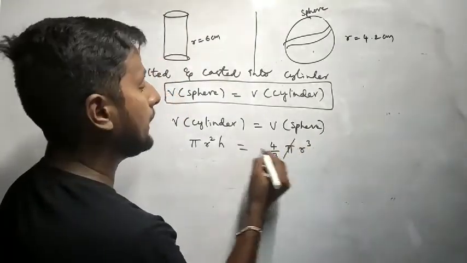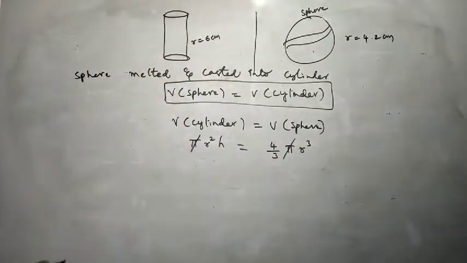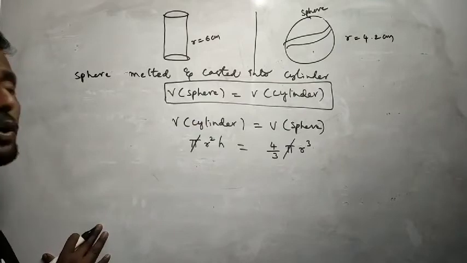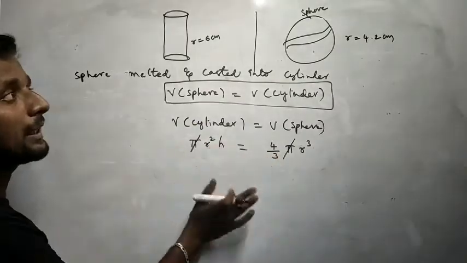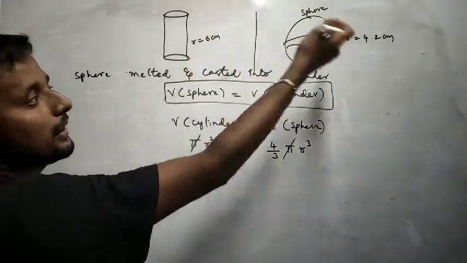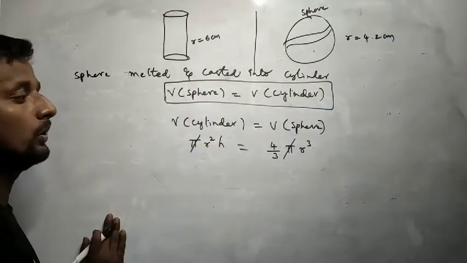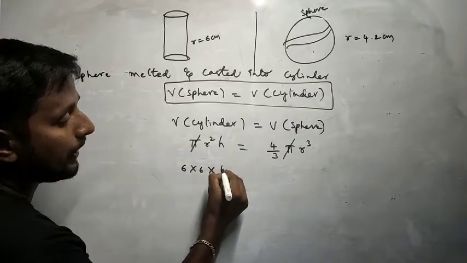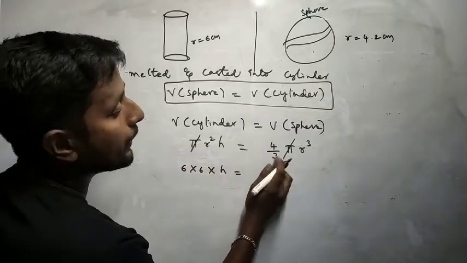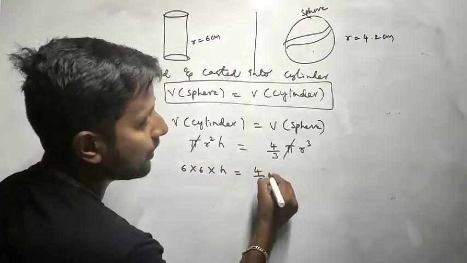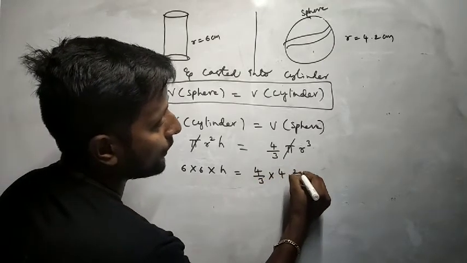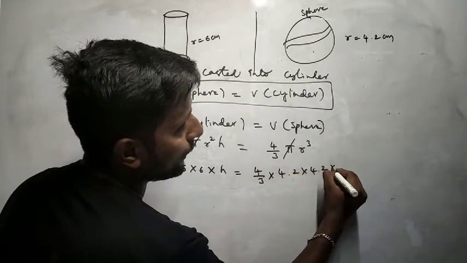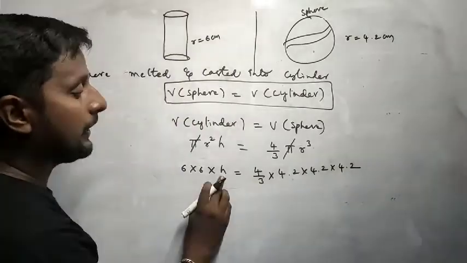Correct? So pi and pi get cancelled because both are 22 by 7 constants. So r we can't cancel because the r value here is 6 and there it is 4.2. Right. So we'll write 6 into 6 into h, and for r cube, 4 by 3 into 4.2 into 4.2 into 4.2. We need h, right?